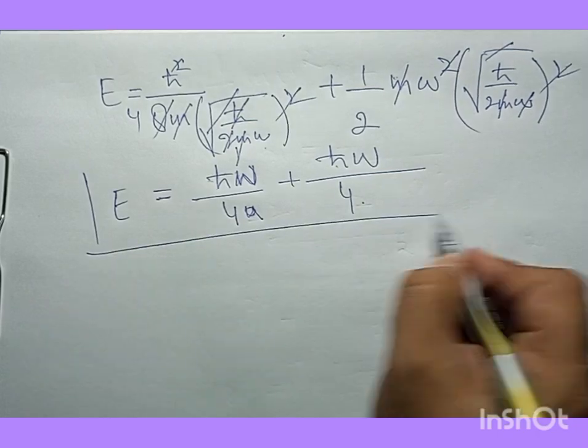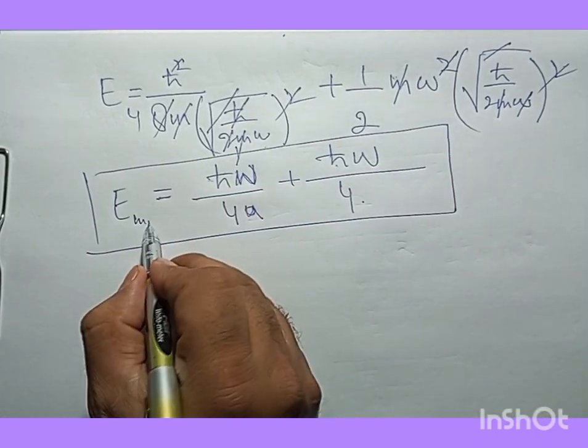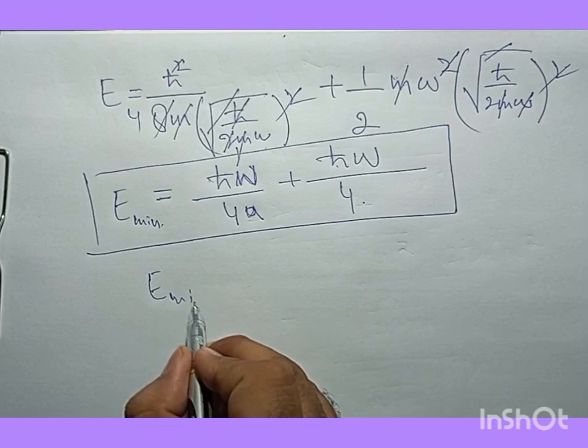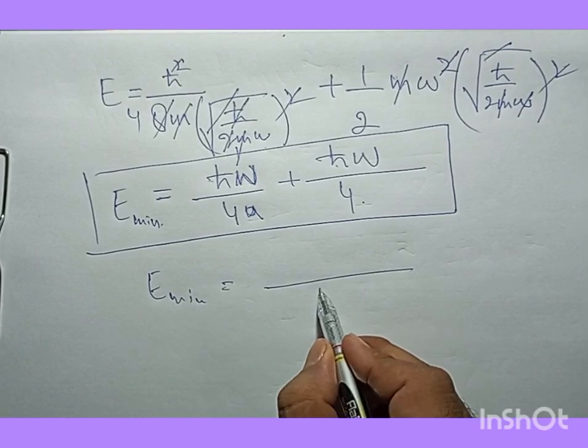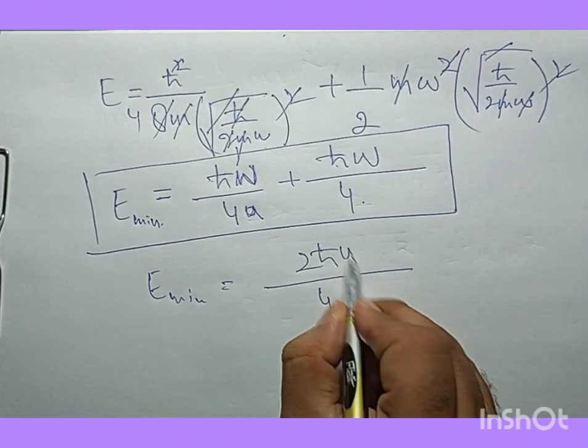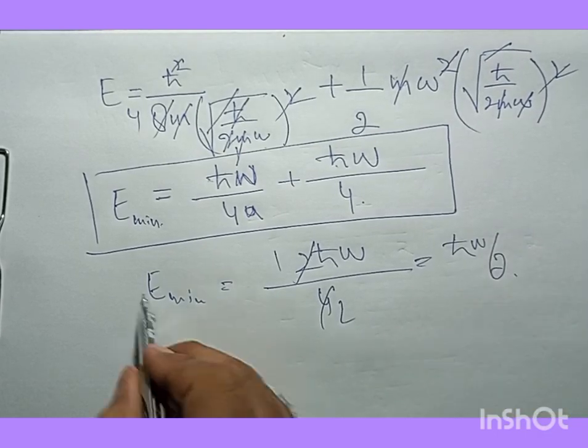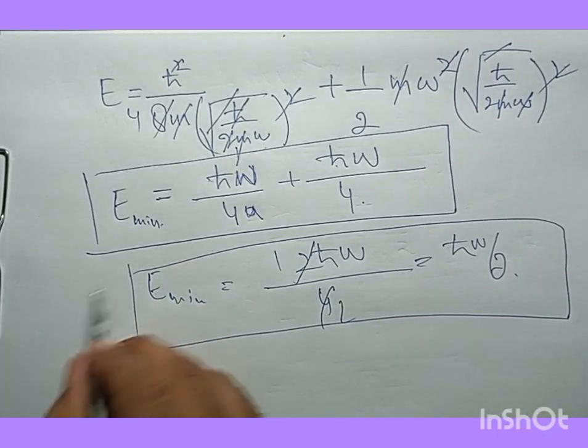So we have obtained the minimum possible energy for this quantum particle. This E minimum is twice h cross omega by 4, which is h cross omega by 2. This is the minimum possible energy for this particle.